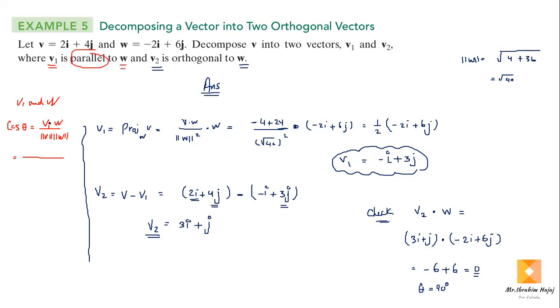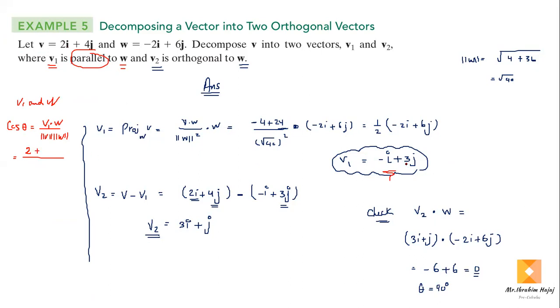So V1 dot W: V1 is negative i plus 3j, dot W, negative 2i plus 6j. Multiply negative 1 times negative 2, which is 2, then plus 3 times 6, which is 18.